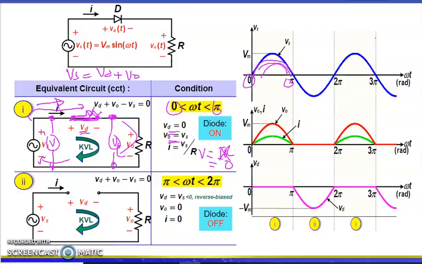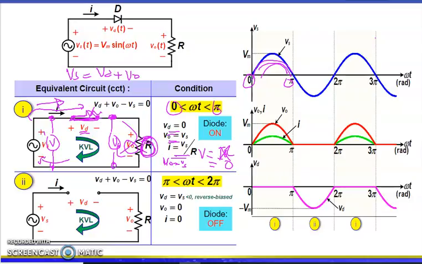I equals V over R. If you want to measure the current through R at the load terminal, it is V out divided by R. Since V out and Vs are the same, I equals V out over R, which is also Vs over R. So this is the amount of I.